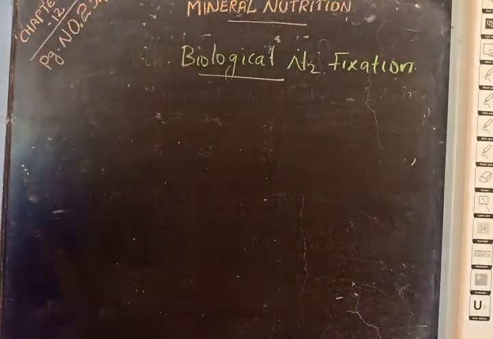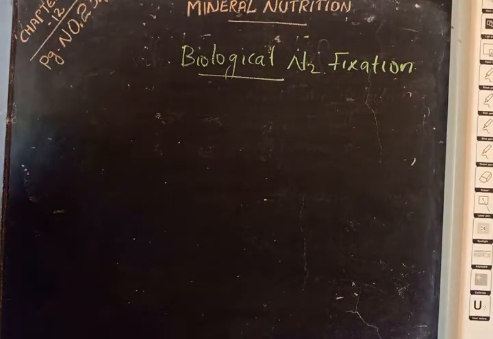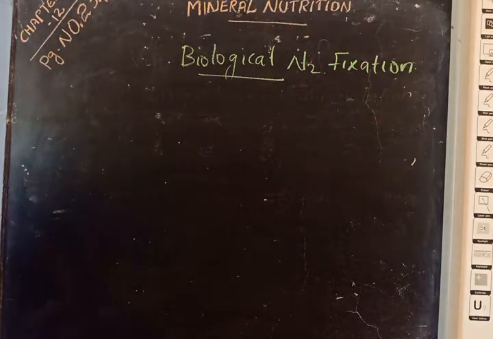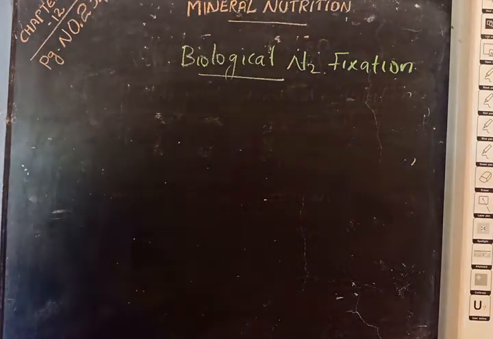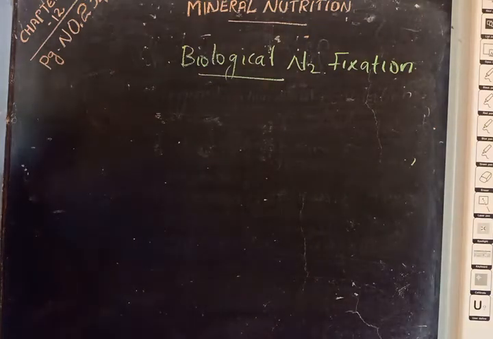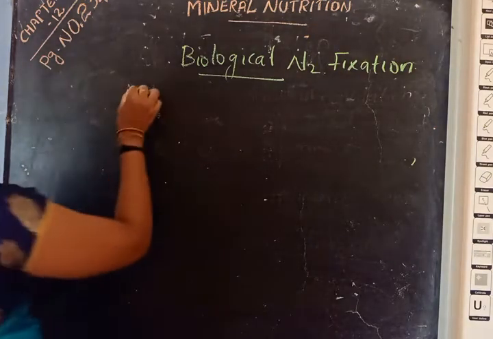So these are about symbiotic nitrogen fixation. In symbiotic nitrogen fixation, we studied nitrogen fixation with nodule formation and without nodule formation. Now we are going to the non-symbiotic nitrogen fixation.